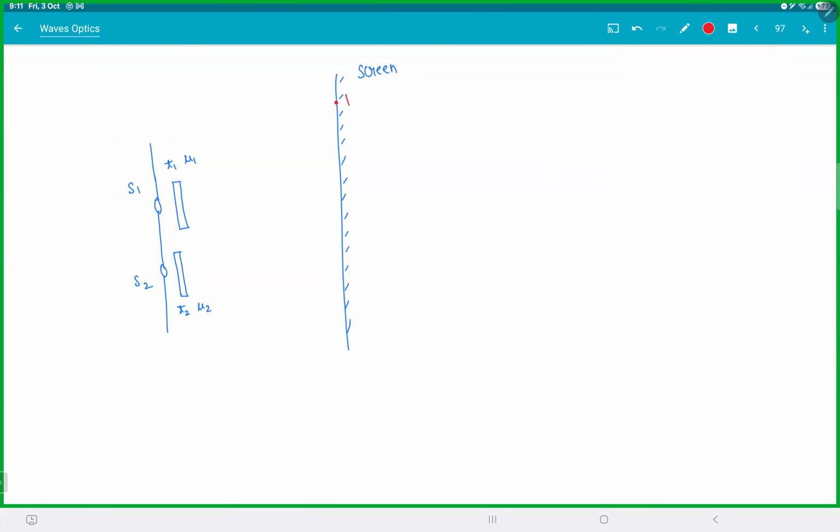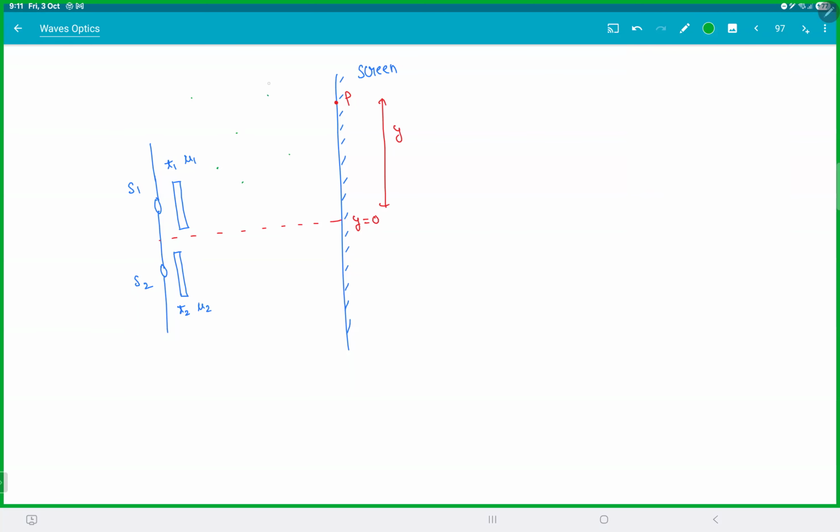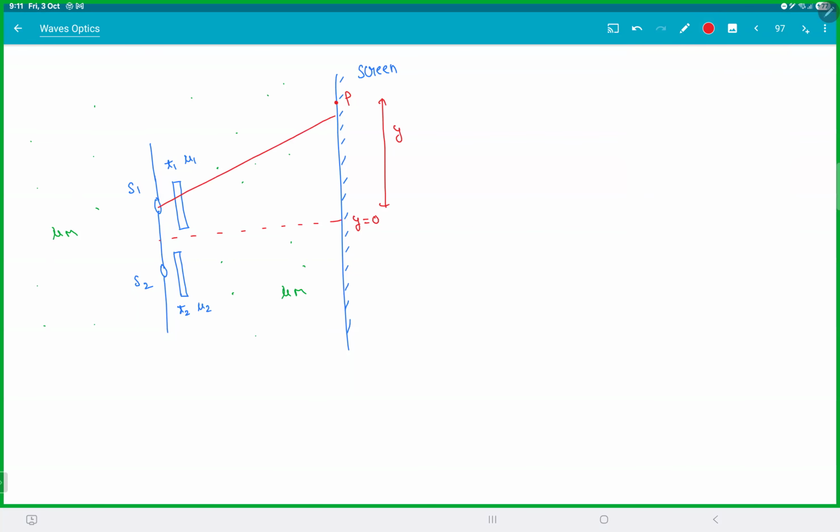This is point P. This is y is equal to 0. This distance is y. On top of it, this whole setup is immersed in a medium. I am messing it up as much as possible. So this whole setup is immersed in a medium. And now you want to find the path difference at point P. So if you know how to get the path difference, your job's done.